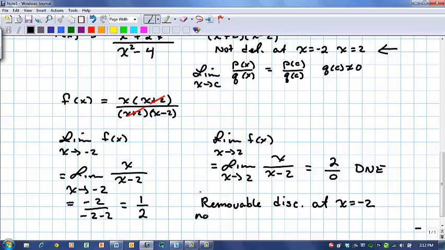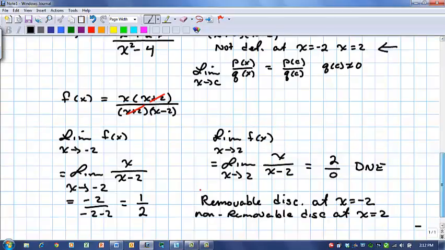And we have a non-removable discontinuity at x equals 2, because the limit does not exist. Therefore, I cannot redefine the function. And the function is continuous everywhere else.